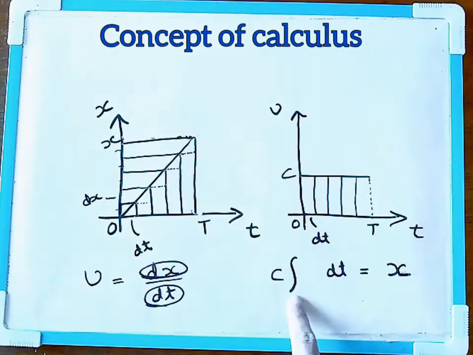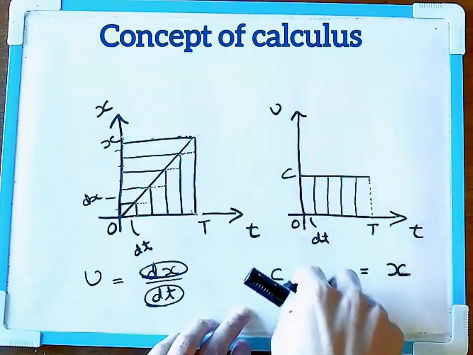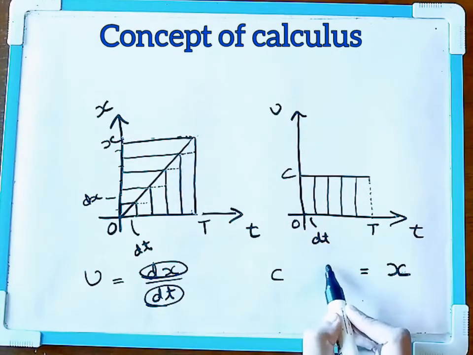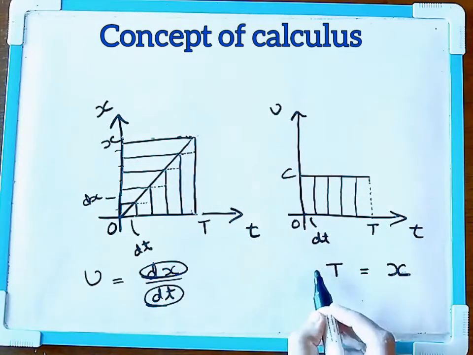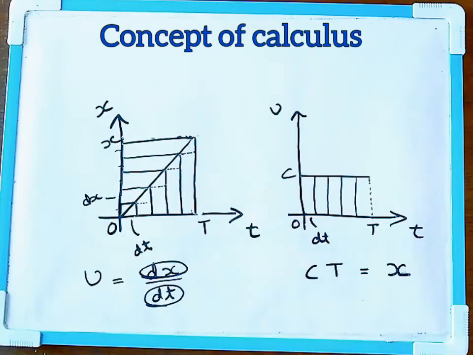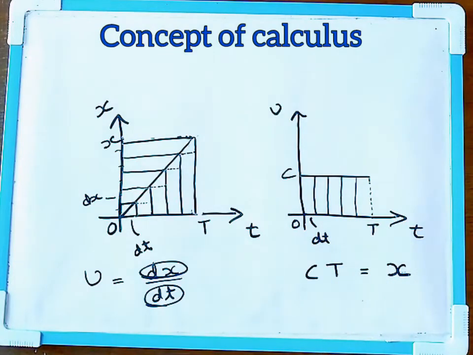So the integration of dt will give you the capital T. So c t is equal to x, the displacement, which we have done in the last lecture. c into t would give us the displacement.